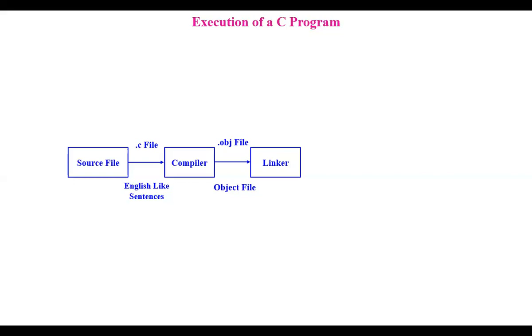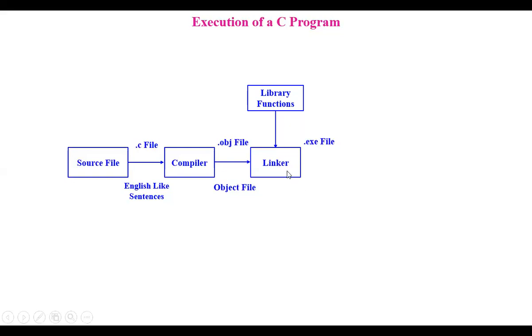So here the linker checks these library functions which we have included. Whatever header files we have included, the functions related to those header files can be used. We are free to use those functions.